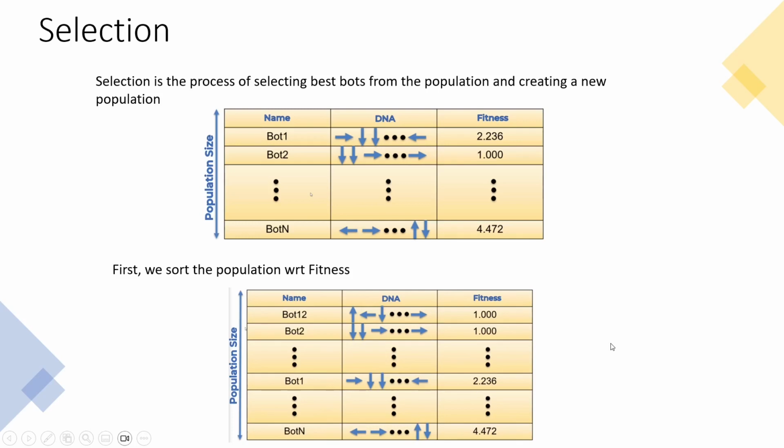We take the bots that perform best to the next generation. That's the selection, which is what evolution calls natural selection. We are transferring the best performing individuals, or the best performing population parts, to the next generation.